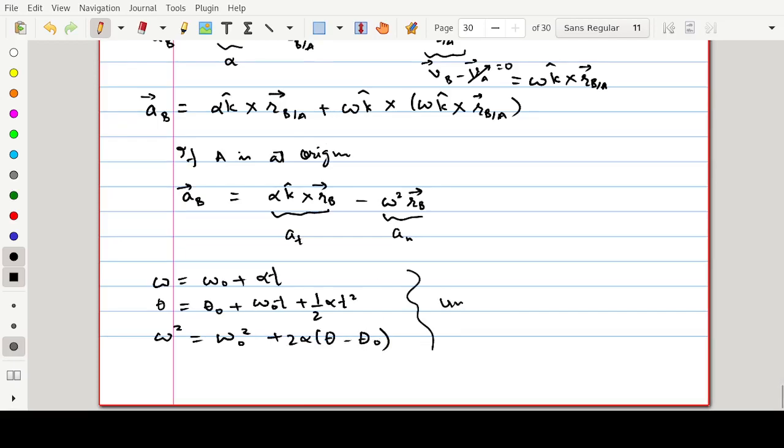This is for uniform angular acceleration, that is alpha is equal to constant.